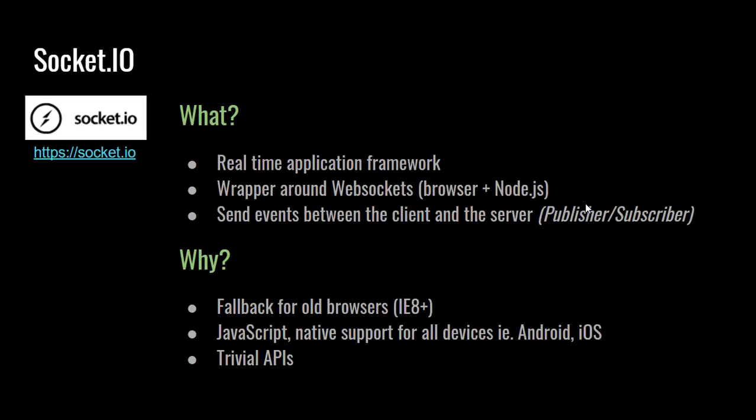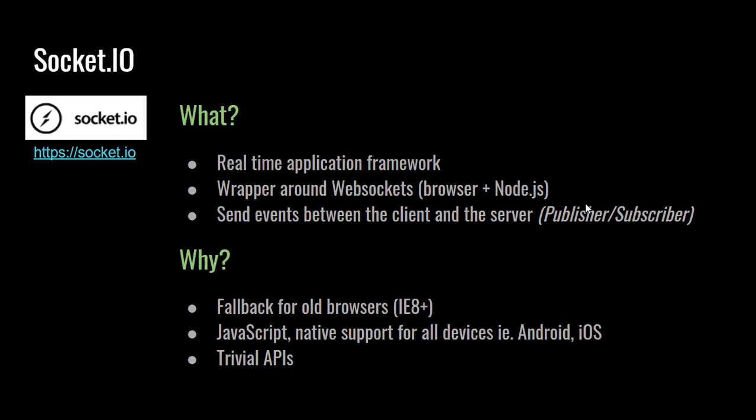Socket.io. This is a great little library. It's so great that I always like to include it in any kind of session I do in any kind of lab work, because it allows you to do a whole bunch of fun stuff. Socket.io is a real-time application framework, a wrapper around WebSockets.